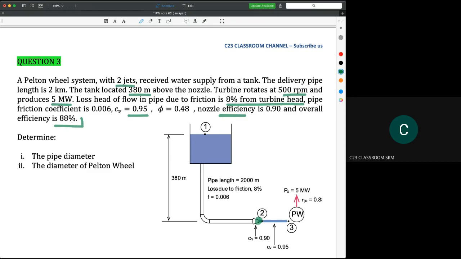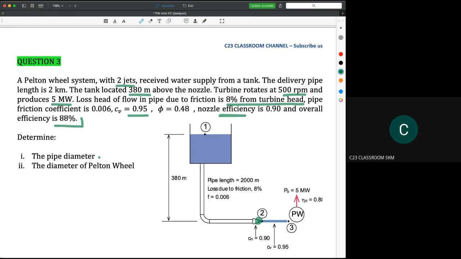In other words, it describes the minor loss. An efficiency of nozzle of 0.9 means the nozzle output is 0.9 of the input of the nozzle. I hope you could understand this one.